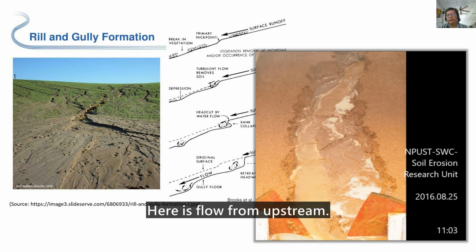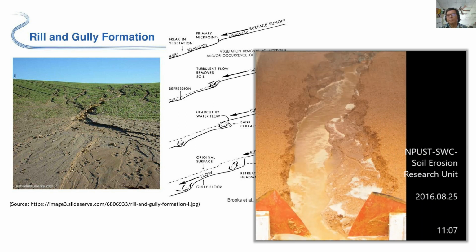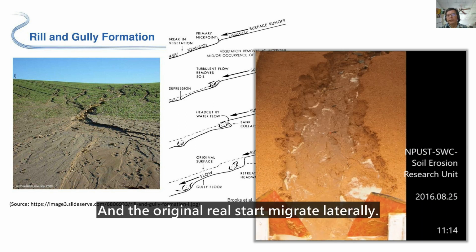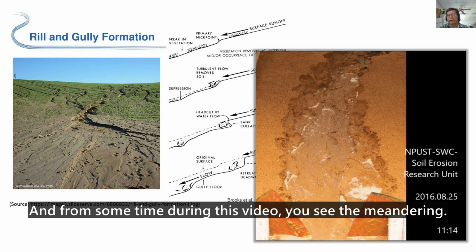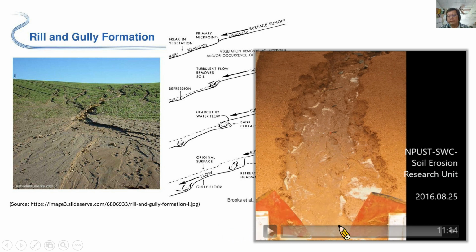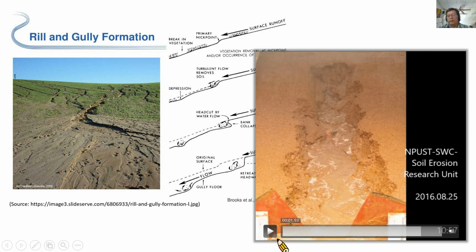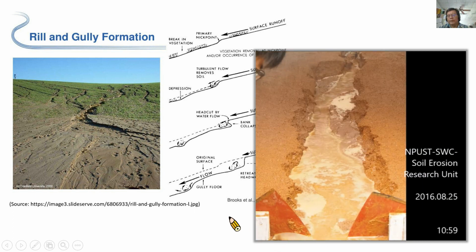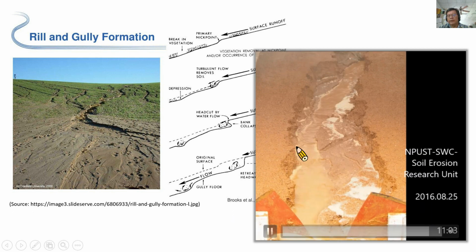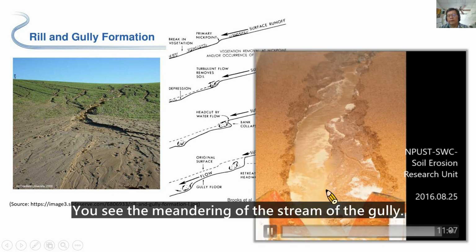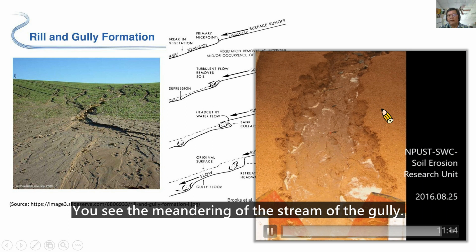Here's this flow from the upstream. And the original rill starts to migrate laterally, and at some time during this video you see the meandering. Here you go. See, you see the meandering of the stream, of the gully.